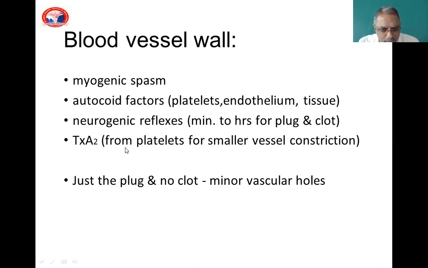Thromboxane A2 from platelets acts, as said earlier, on smaller vessels to cause vasoconstriction. In minor vascular holes there is no clotting taking place, just the platelet plug and no clot formation.